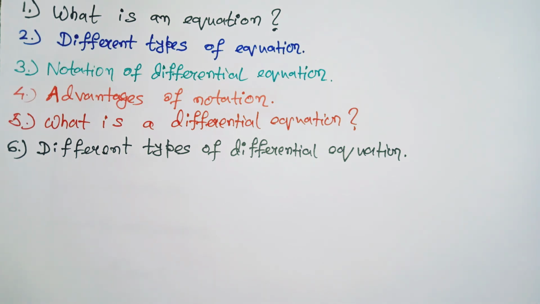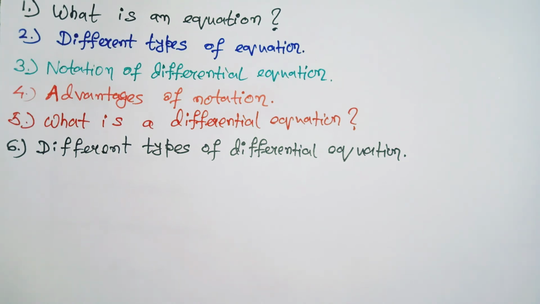We have done with the notation of differential equations. So the notation of Leibniz, Euler, Lagrange and Newton, we have seen that. Advantages of notation, yes, we have seen how you can use it, because different kinds of notation have different meanings, and how these meanings relate to understanding and writing in a proper way.